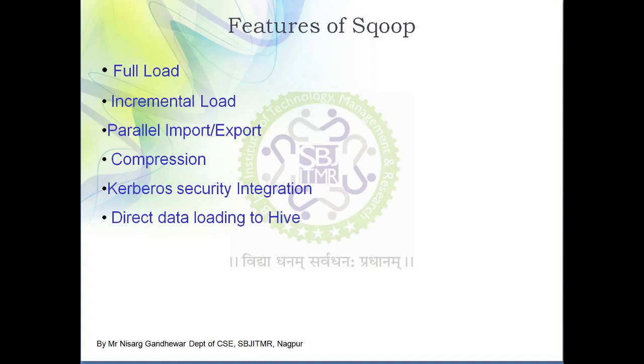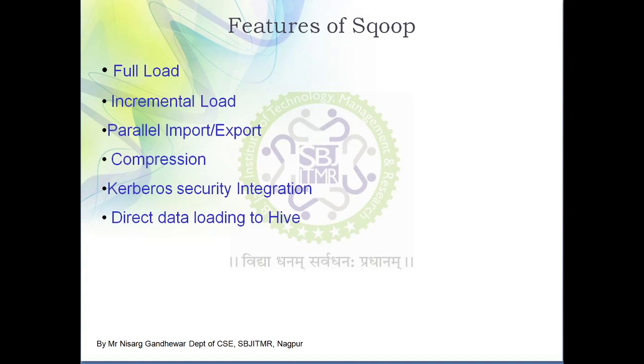This is called incremental load, the particular part of a table in which we are making changes. Suppose we want to transfer those changes to HDFS, that is part of incremental load. Then parallel import and export: at the same time you can import data from RDBMS to HDFS, and at the same time you can export data from HDFS to RDBMS.